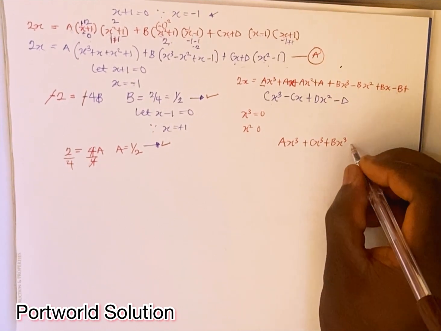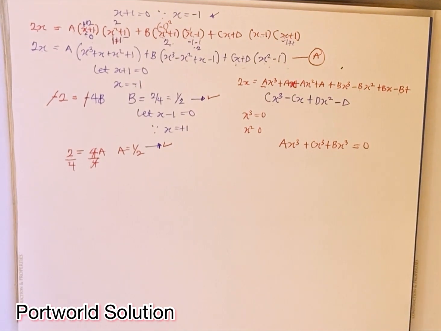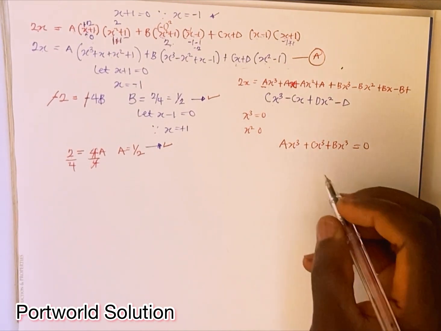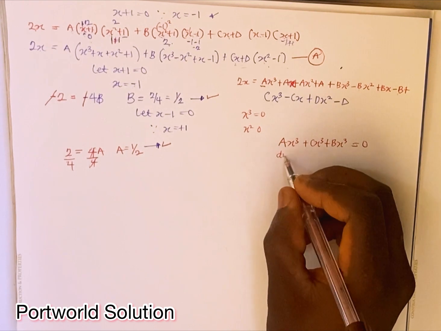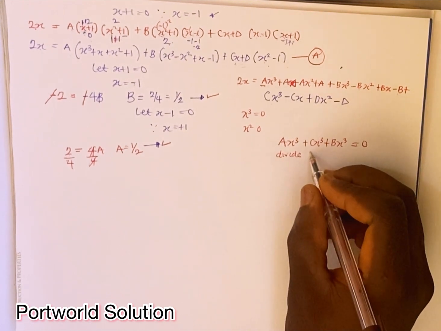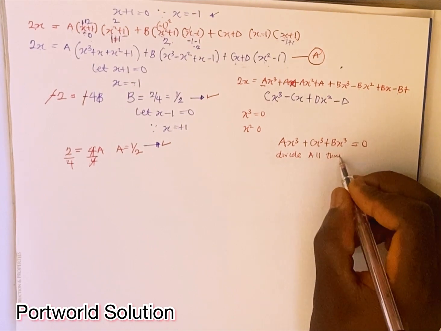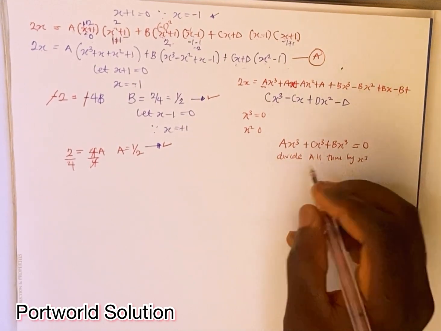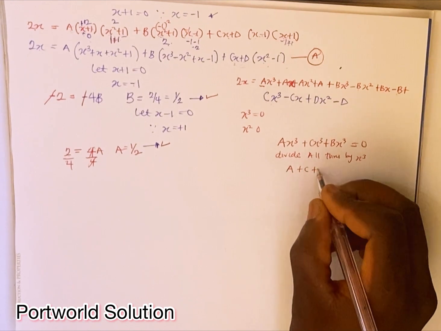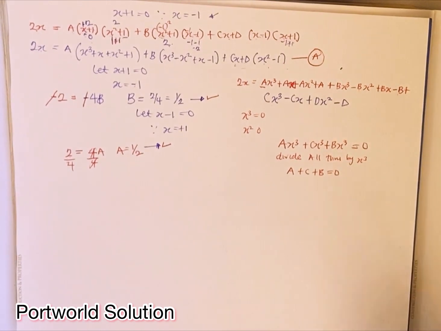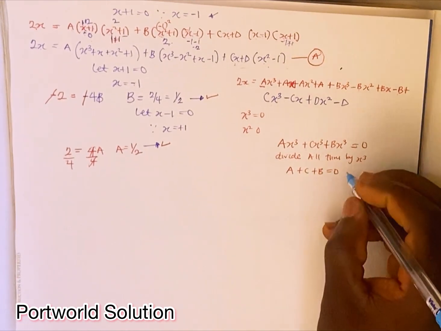Of d, I'm not having. Equals to 0. So I can just divide all through by x raised to the power 3. Then I'm going to have a plus c plus b equals to 0. So that's my first equation, right?